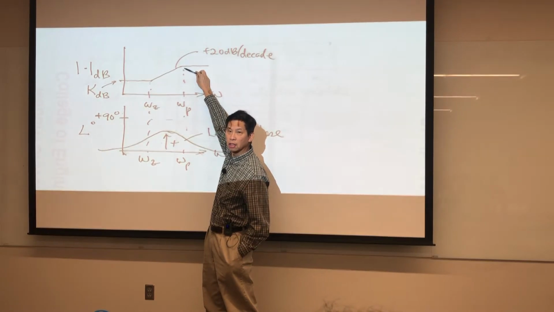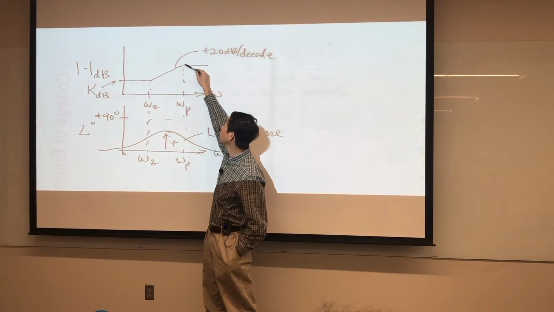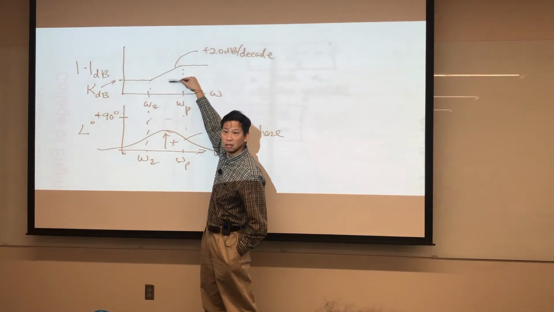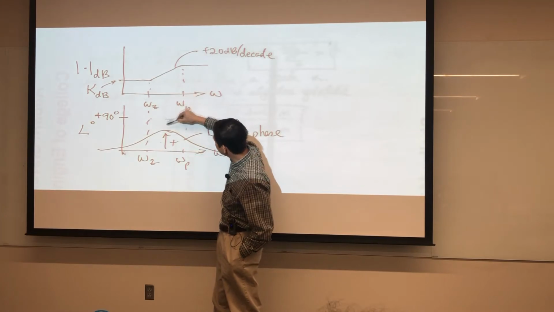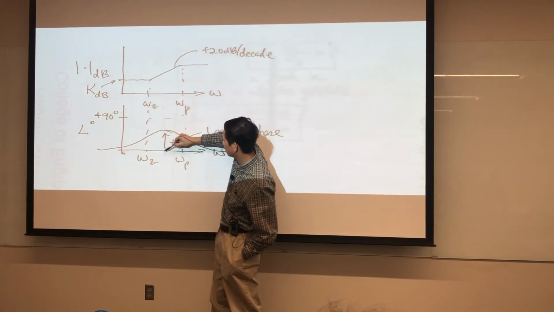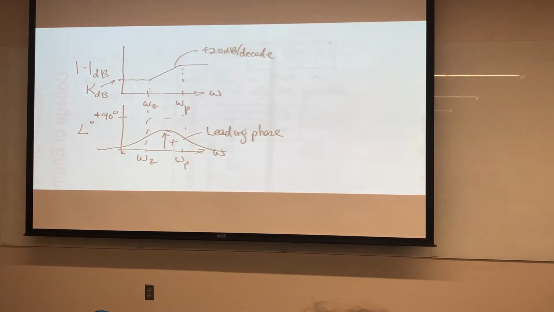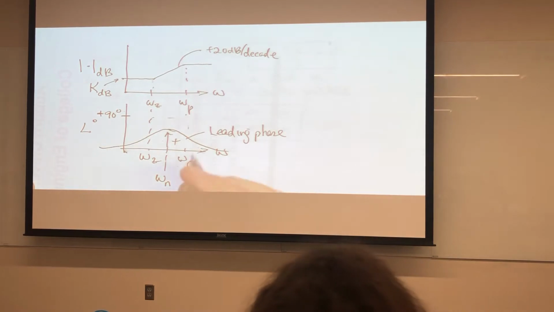So now, look at this geometry. How much gain is here? If this is 20, how much is this? 10. Okay, so this is a useful thing to know. It's useful to know how much gain we have increased right here at omega m. This peak right here occurs at omega m.